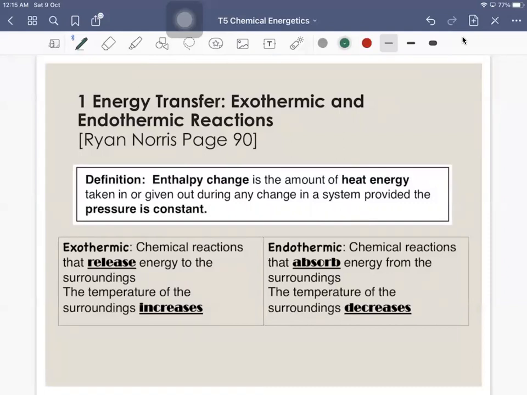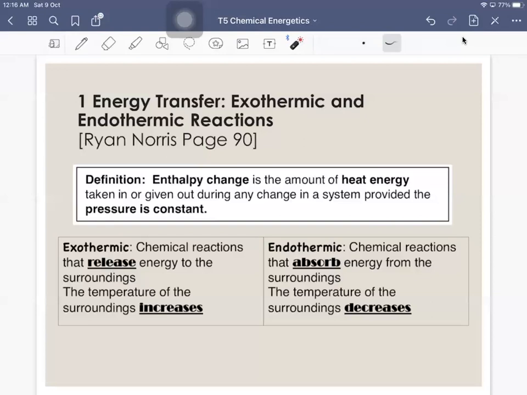Okay, so you all are familiar with the concepts of exothermic and endothermic, so I'm just going to go through this quickly. Exothermic are chemical reactions that release energy to the surroundings. So you would expect the temperature of a beaker or a test tube or a solution of exothermic reactions to increase. It gets warmer.